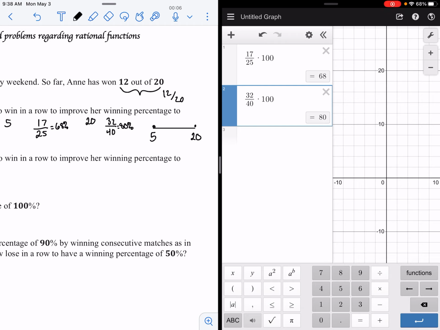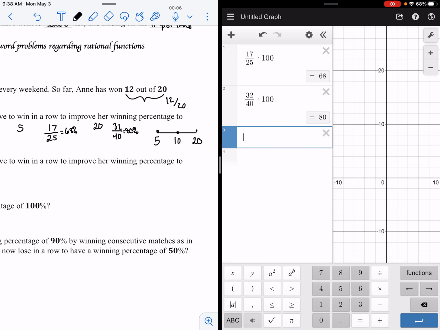All right, so the next one, I'll just guess at 10. If she plays 10 more matches, she will have won 22, and she will have played a total of 30. Multiply this times 100, and that's also not enough, but it's closer.